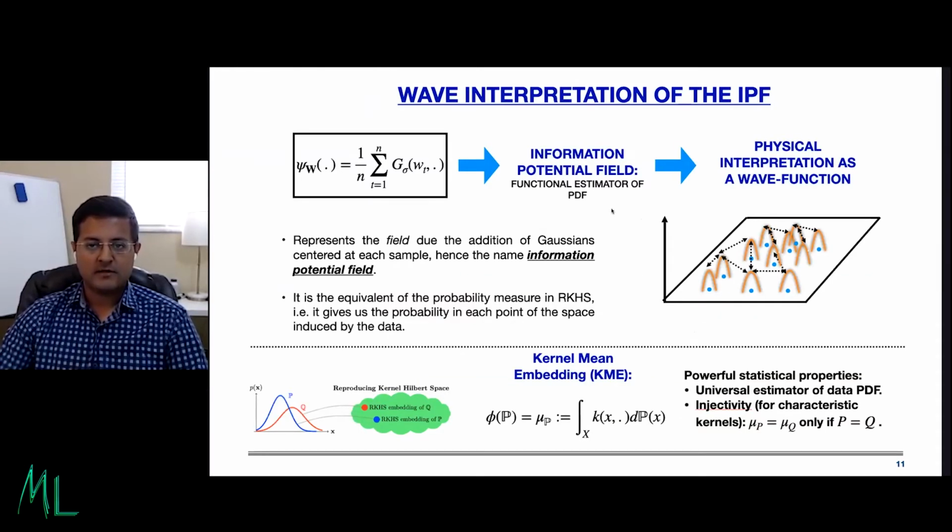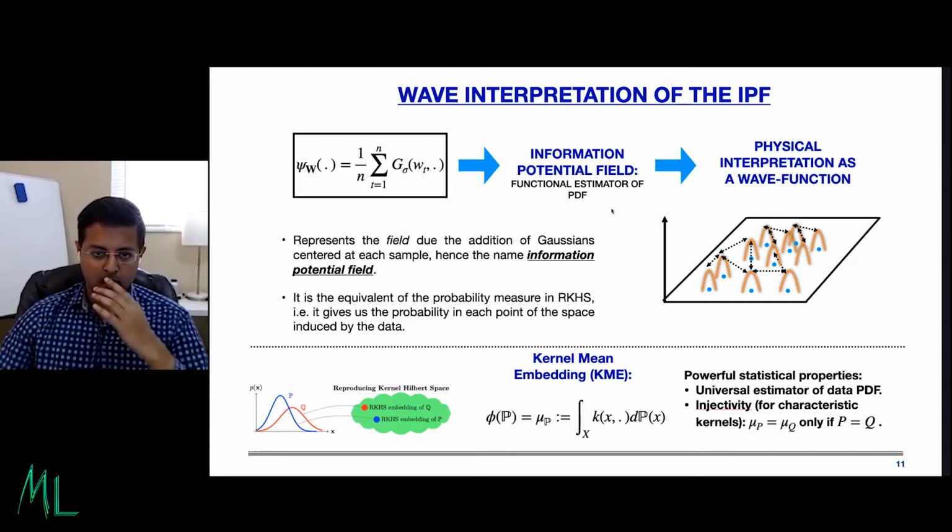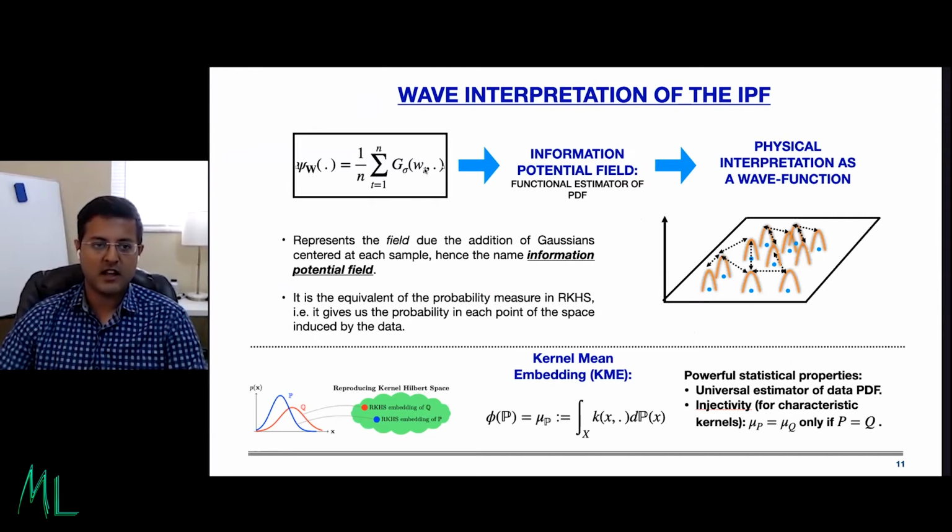Another interesting aspect of the information potential field, or the IPF, is that it has a wave interpretation. That is, it has a physical interpretation as a wave function. Because you can visualize the IPF as a group of Gaussians centered at samples, you can visualize this as a field centered at each sample, much similar to, say, the gravitational field created by a set of planets.